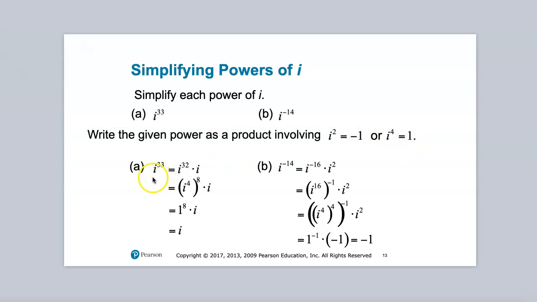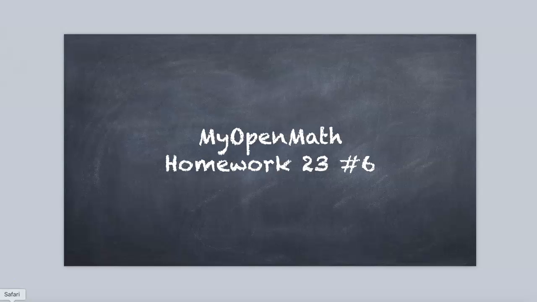So here, if we have i to the 33rd power, we're going to separate this into i to the 32nd times i to the 1st. So since i to the 32nd is really i to the 4th raised to the 8th power, we can replace i to the 4th with 1, so then we can simplify this down to i.